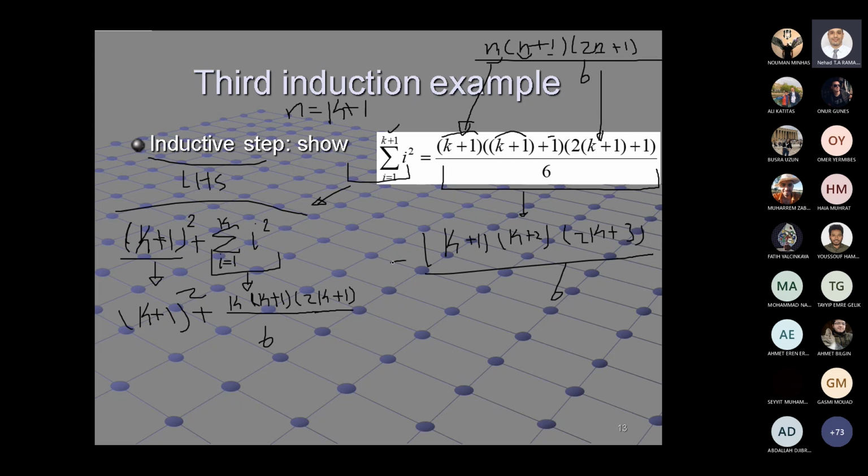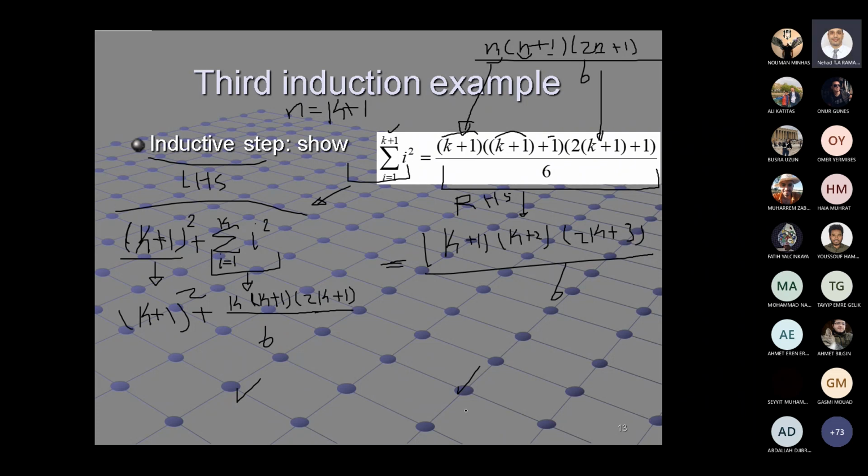We have to show that it's equal to the right-hand side. Okay, to make it simple, what will happen if I multiply right-hand side and left-hand side by 6? It will not change anything.